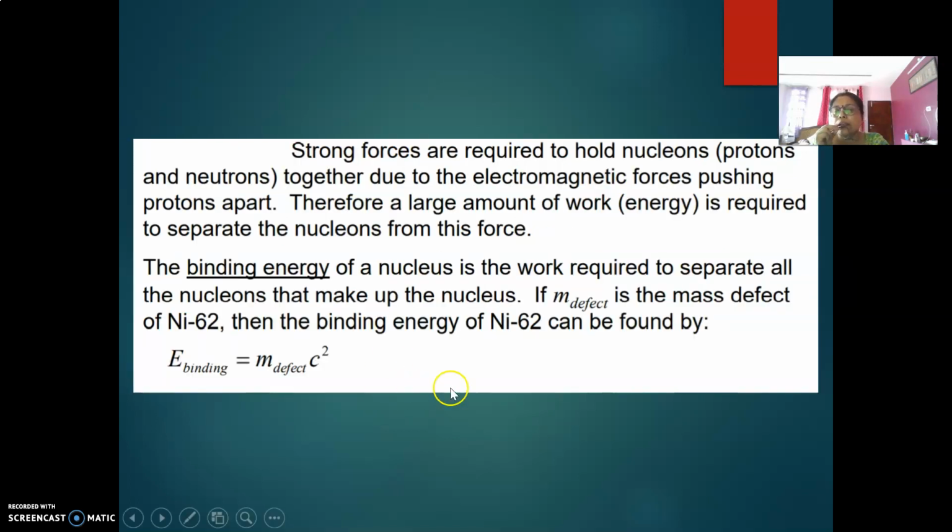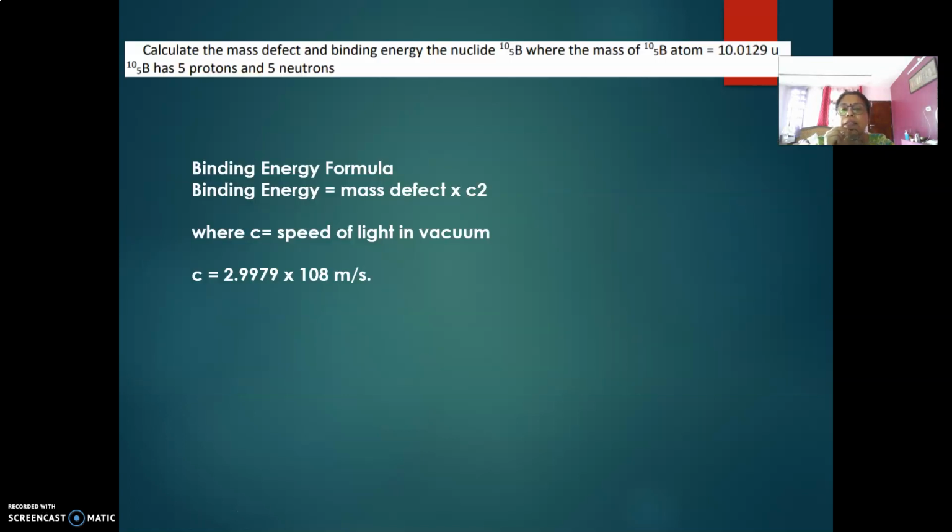Now we said that the binding energy is directly related to the mass defect. That means the lost mass multiplied by the square of the velocity of light will give you the binding energy.